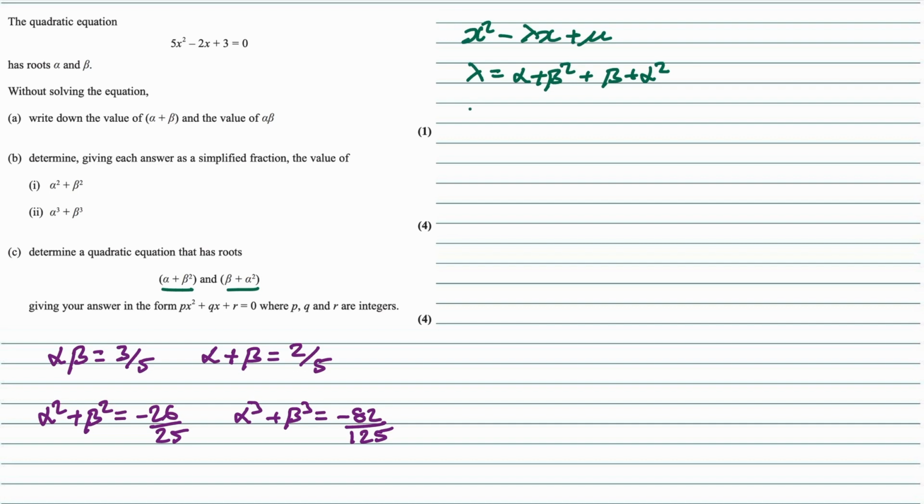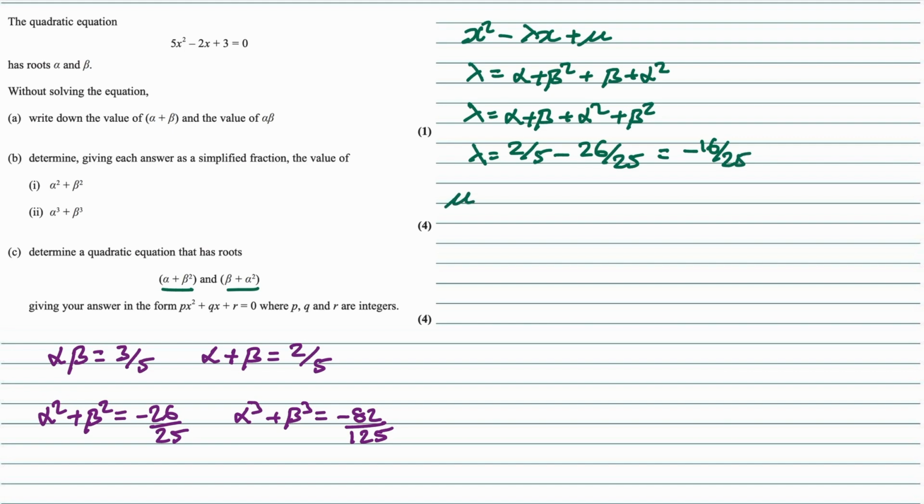And we can simplify this, so lambda will be alpha plus beta plus alpha squared and beta squared. Well, we've already worked out alpha plus beta, that's 2/5. And we know alpha squared plus beta squared is negative 26 over 25. So this will give us negative 16 over 25 for lambda.